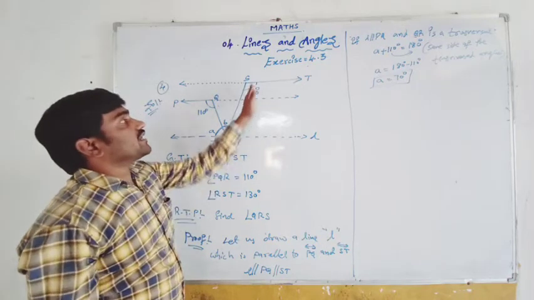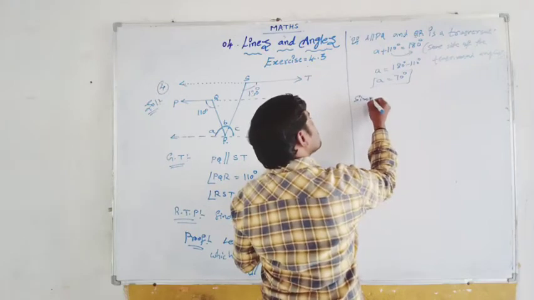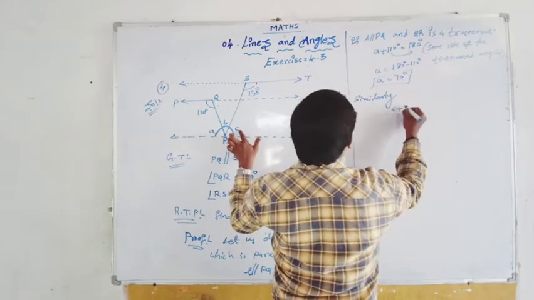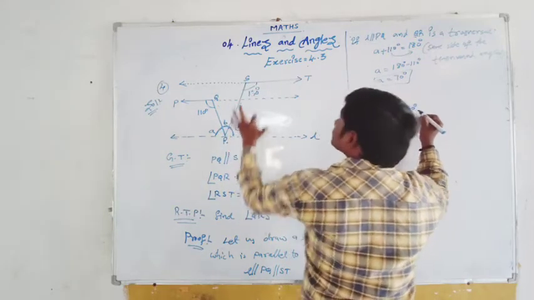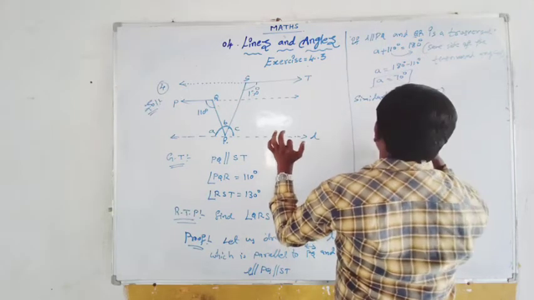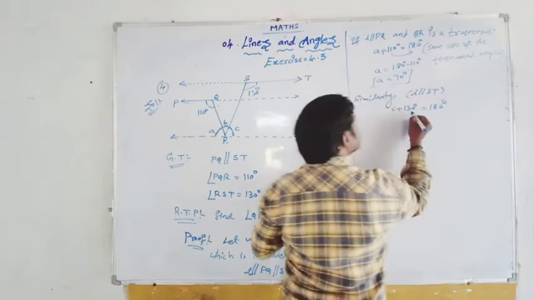In the same way, similarly here, C plus 130 degrees, where L is parallel to ST, is equal to 180 degrees.